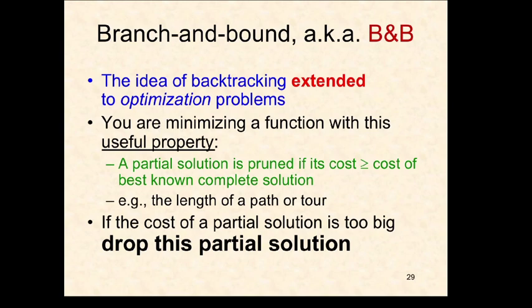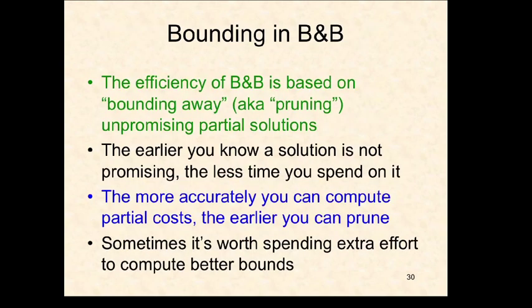Now that will help. That will prune some, but we need to do more pruning than that. Just knowing that a partial solution is worse than the best so far is not enough. We need to do more pruning to get rid of bad looking solutions. Because the better the job we do pruning those solutions which don't look good, the earlier we do that, the less time we spend on it, and the faster we solve the problem.